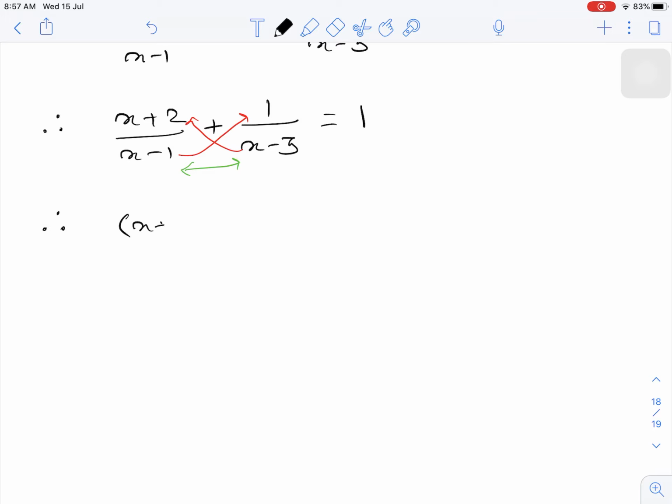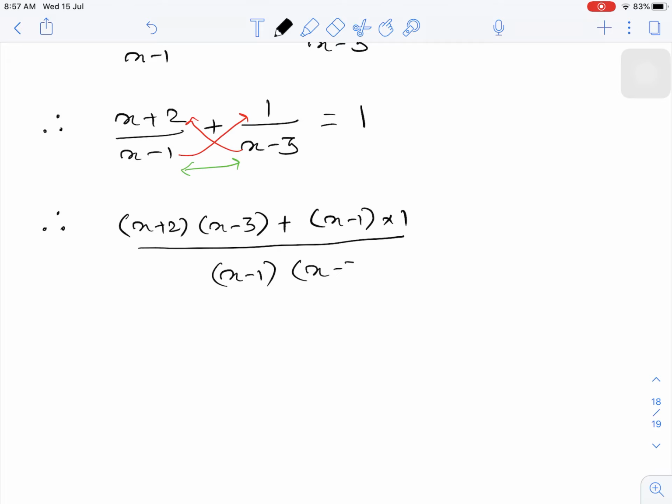So first what you will get, (x + 2)(x - 3), then plus, now what you will get, (x - 1) into 1, divided by, now this x - 1 and x - 3 will multiply with each other, so (x - 1)(x - 3), equals to this one as it is.